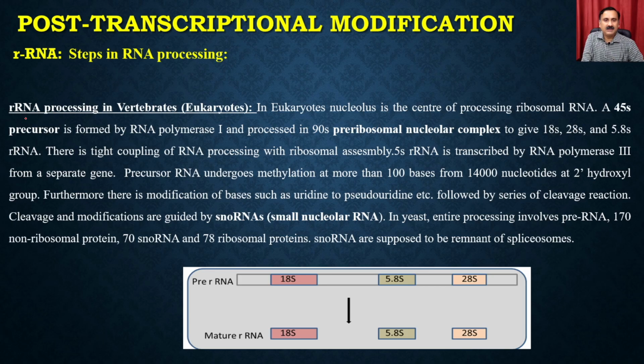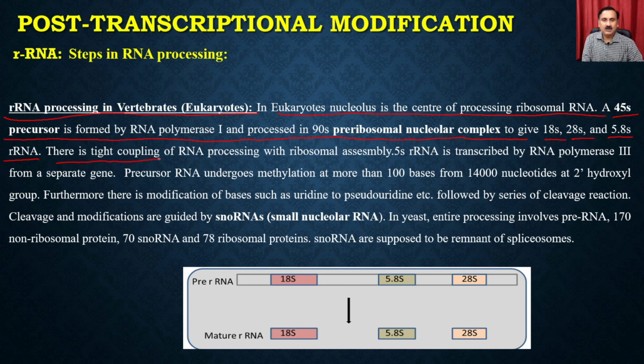Similarly, you can have ribosomal processing in vertebrates or eukaryotes. In eukaryotes, the nucleolus is the center of processing ribosomal RNA. A 45S precursor is formed by RNA polymerase I and processed in the 90S ribosomal nuclear complex to give the 18S, 28S and 5.8S ribosomal RNA.